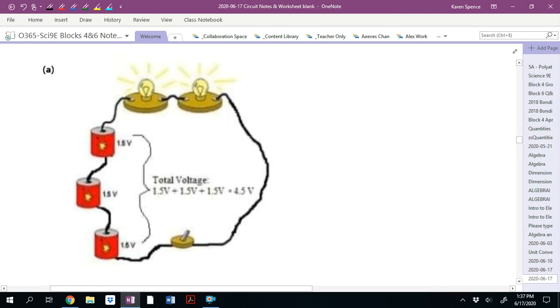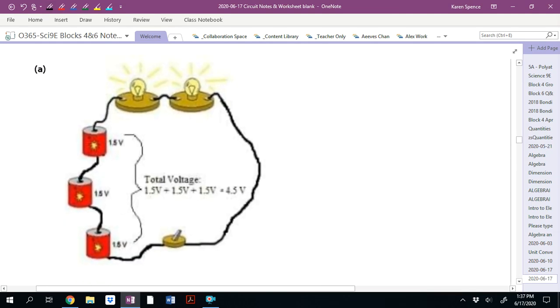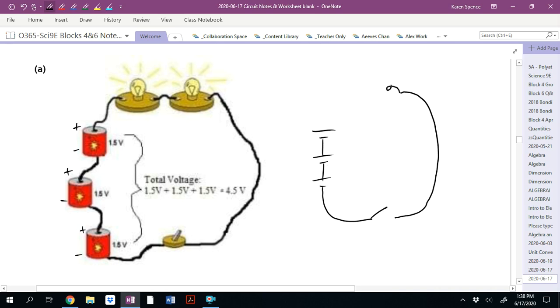So what I would often see a student doing if they hadn't been through the whole make it square is they would draw a cell, and let's just pretend this is positive, negative, positive, negative, positive, negative, and then we draw a switch, and then they draw a light bulb, and then they draw a light bulb, and then they'd be like, oh, but no, that wouldn't be awesome, would it?